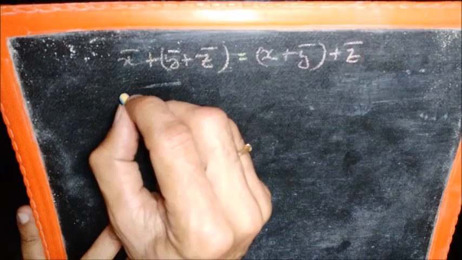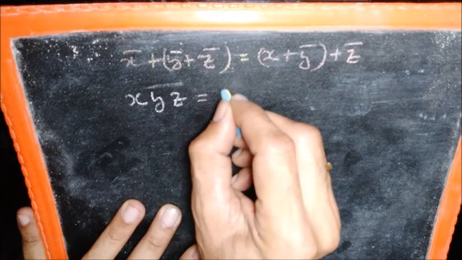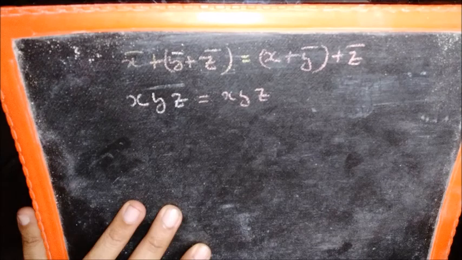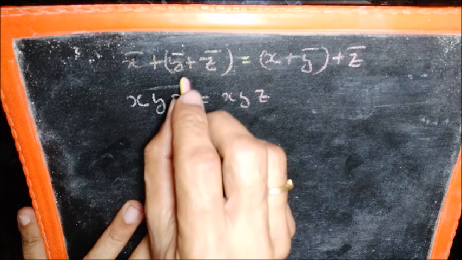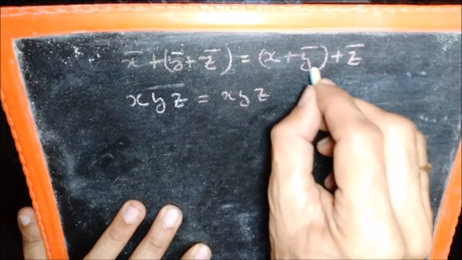Again, without much effort, we can show that the left hand side and right hand side are equal. Because y plus z will give you yz, x plus yz will be xyz. Similarly, xy within the brackets plus z will give you xyz. So this property is also satisfied.